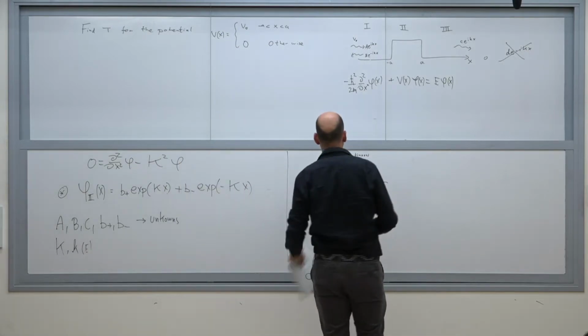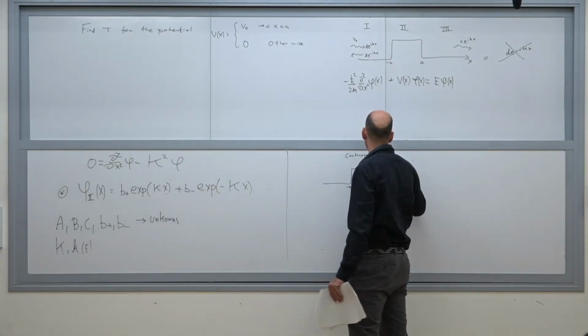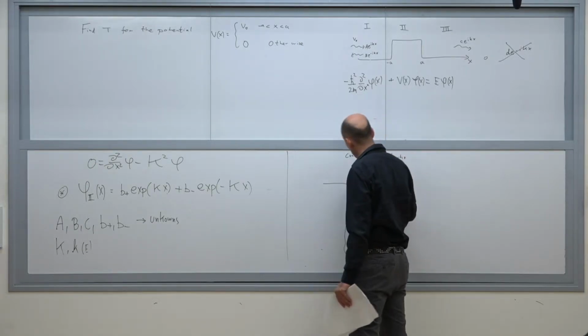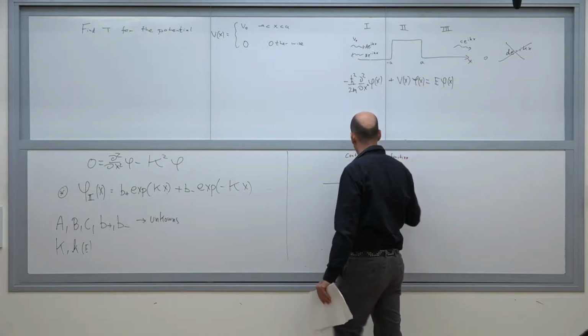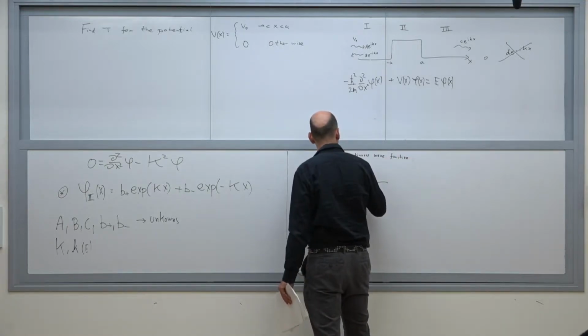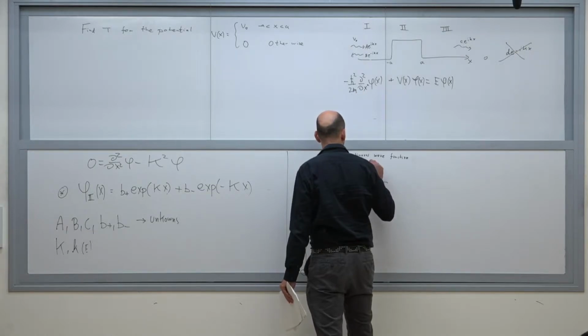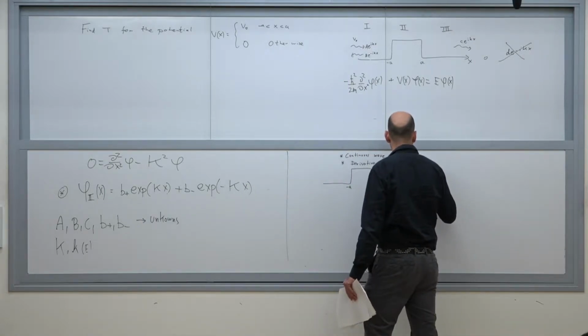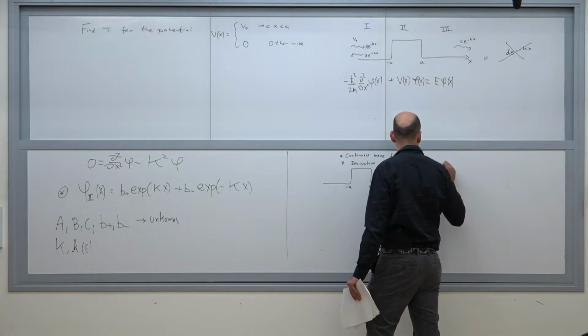First derivative here, continuous wave function, correct. Second time, correct. Continuous wave function on these 2 points. And we also need to demand that the derivative of phi on x plus minus a is continuous.